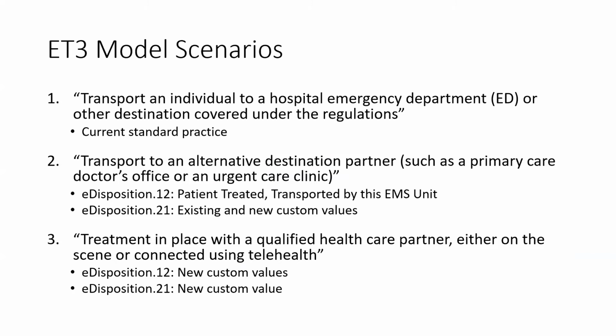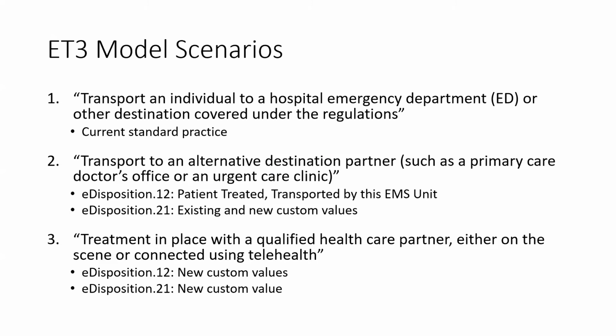The second one is an alternative, where EMS transports to an alternative destination partner, like a primary care doctor's office or urgent care clinic, rather than going to the hospital. And so for that particular disposition, we need to use e-disposition.12, treated and transported by this EMS unit. That's easy.